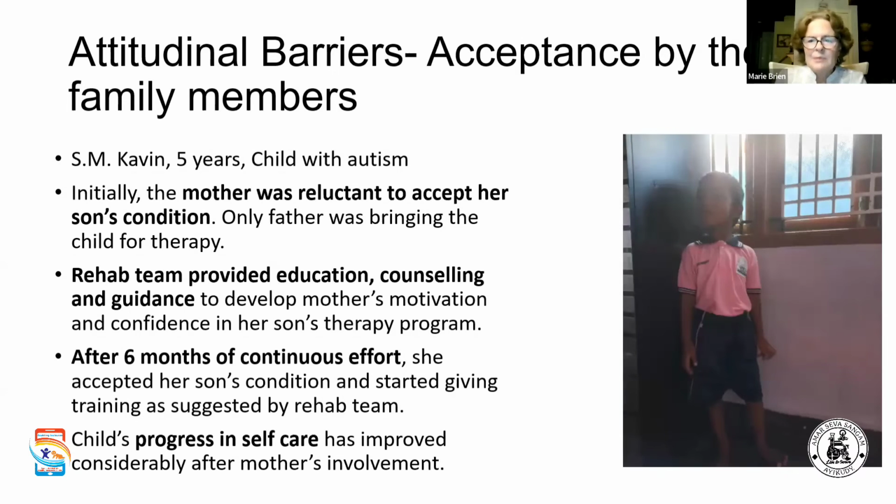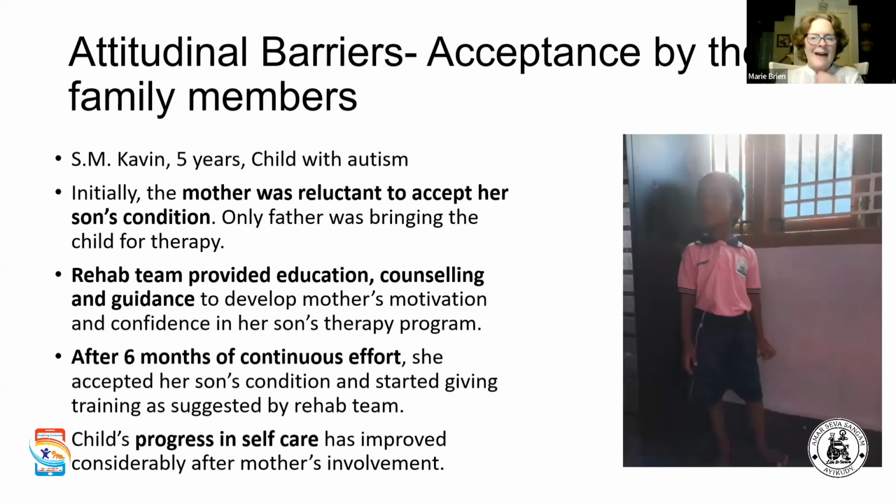The rehab team provided education, counseling, and guidance to develop the mother's motivation and confidence in her son's therapy program, and also in his ability to change over time if effort was given to working on the activities with him.